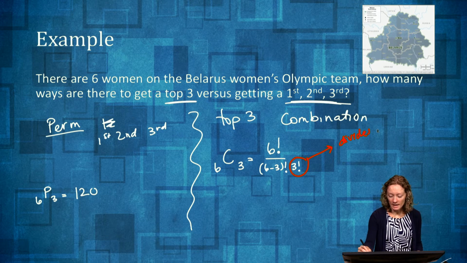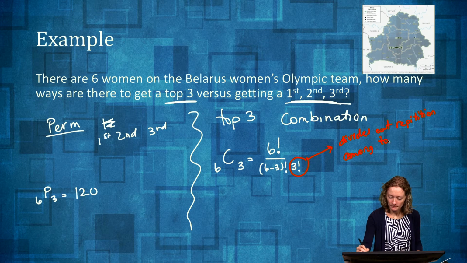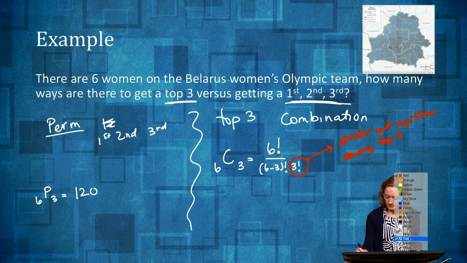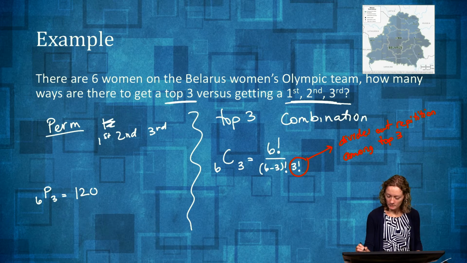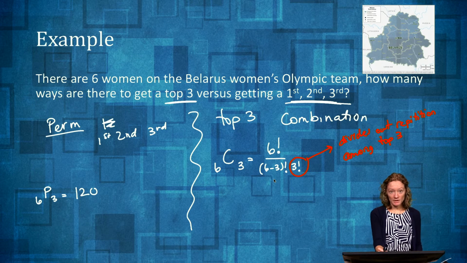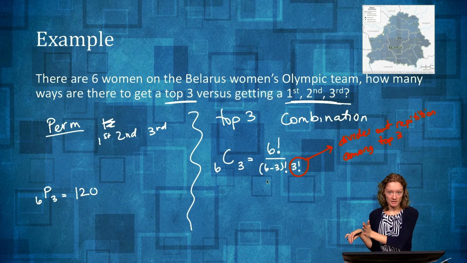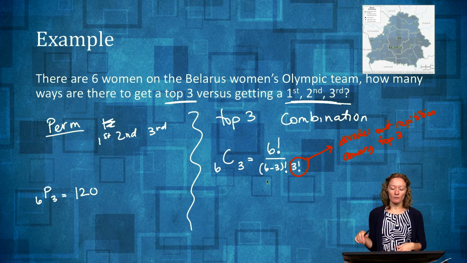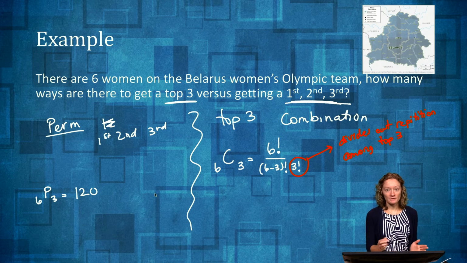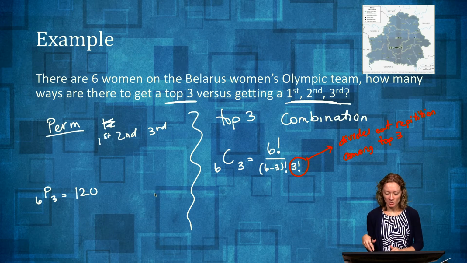This number divides out repetition amongst the top 3, where the 6 minus 3 piece is dividing out repetition amongst the bottom 3, amongst 4th, 5th, and 6th place. Because in permutation, we only care about 1, 2, 3, so 4, 5, 6 don't matter. We can divide out all that variation.